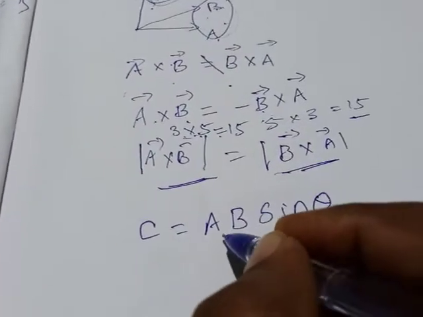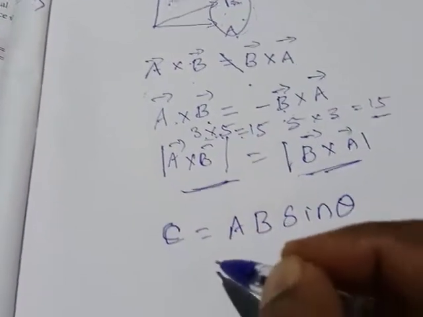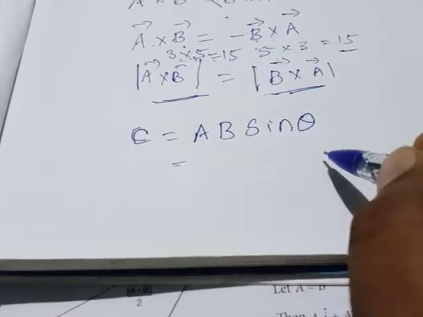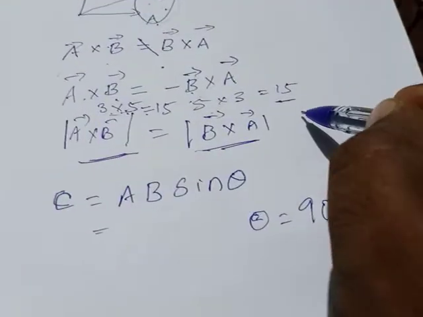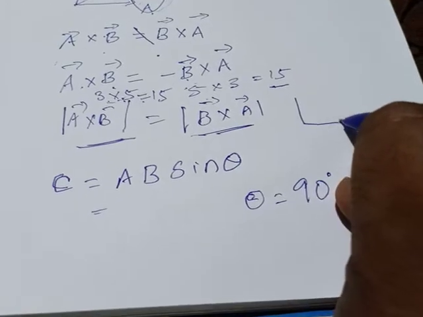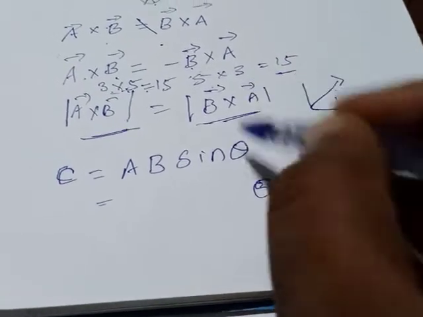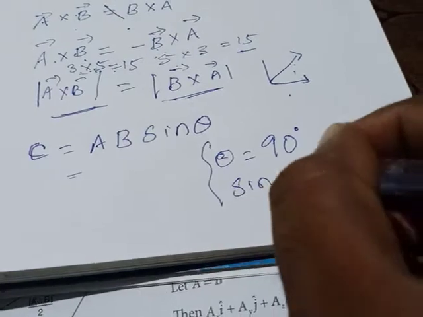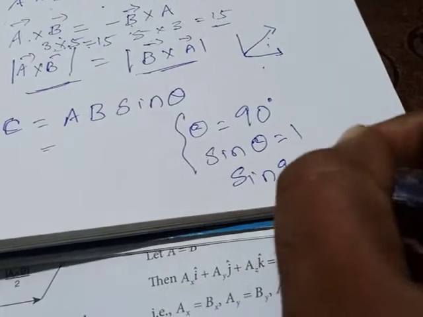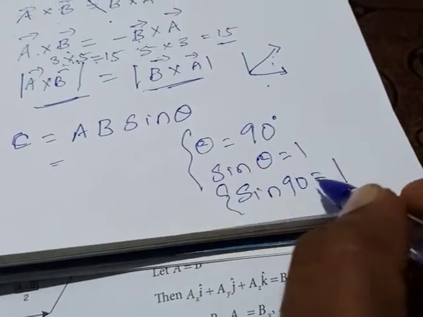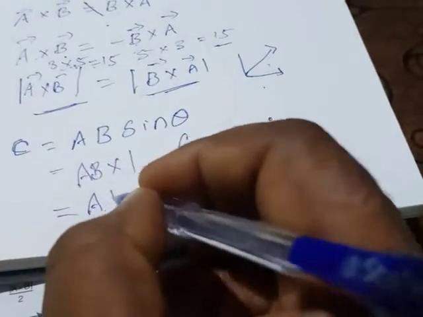The vector product will have its maximum value when theta is 90 degrees, since sin 90 is 1. So we get AB into 1.